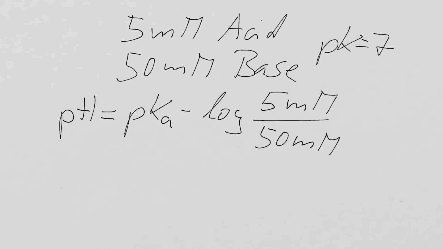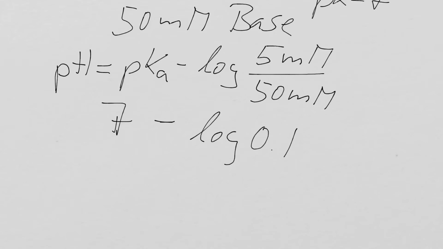Seven minus log, what is it? 0.1. Log 0.1 is minus 1, exactly. So we have 7 minus minus 1 equals 8.